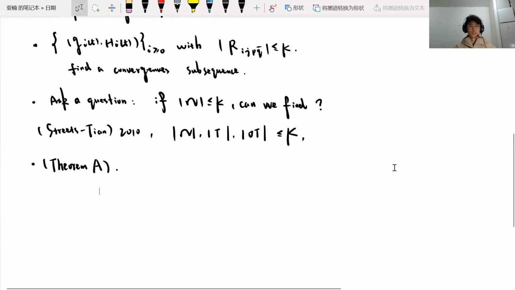Then we can give estimates of higher order derivatives, and we get a compactness theorem.